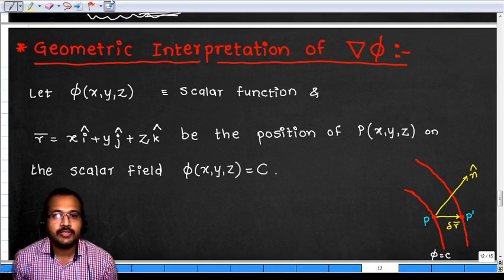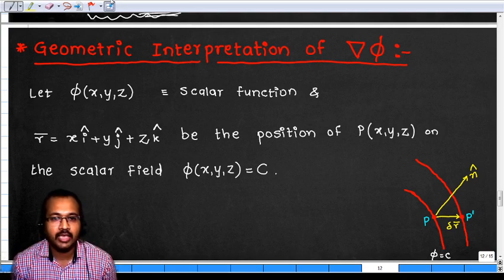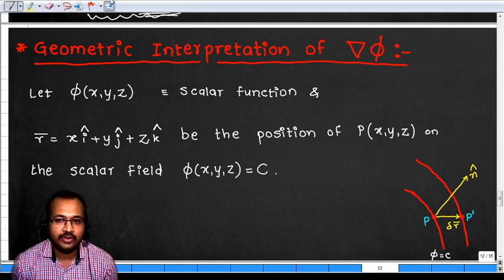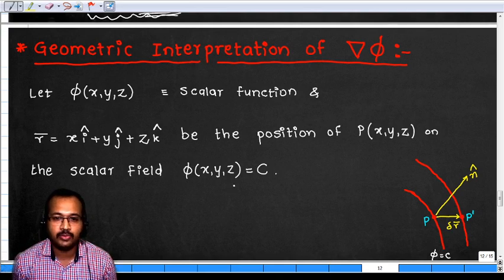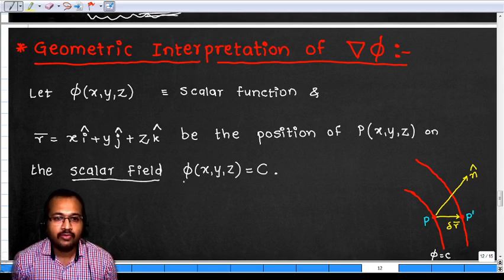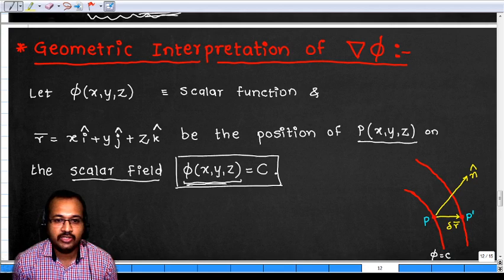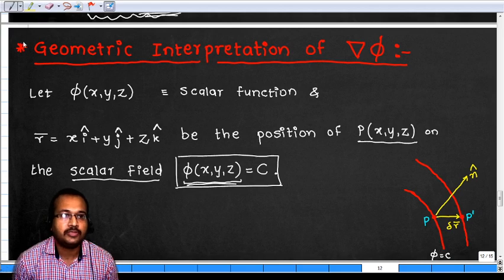Let phi of x, y, z be a scalar function and let r bar is equal to x i cap plus y j cap plus z k cap be any position vector of point P with coordinates x, y, z on the scalar field phi of x, y, z equal to C. So we consider the scalar field with respect to the scalar function phi such that this scalar field is passing through the point P. It means if you consider all the locus of points passing through this P, satisfying this condition will give us the equation of a curve which is similar to that of contour lines.